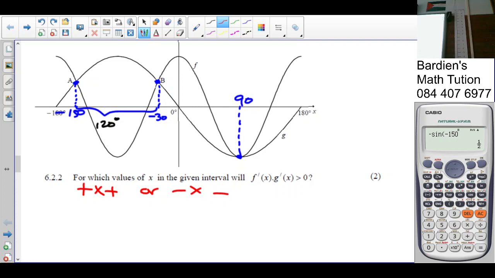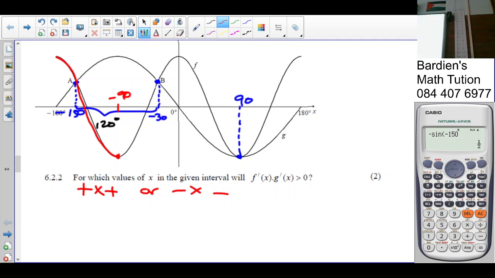So if f has a positive gradient, then g must also be positive; a positive times a positive is positive. Otherwise, if the gradient of f is negative, the gradient of g has to be negative at the same time, for a negative times a negative to be positive. Importantly, for f of x, the gradient from negative 180 to negative 90 is negative. Can you see that?